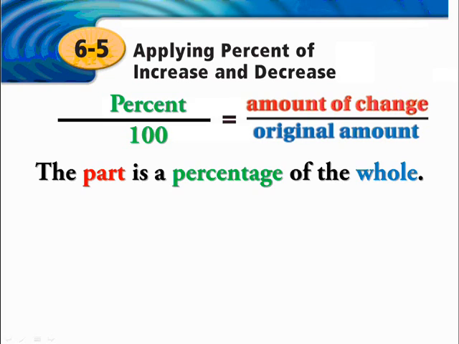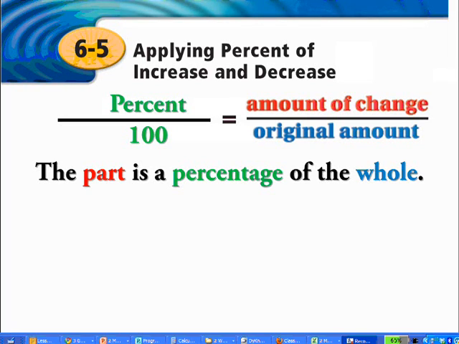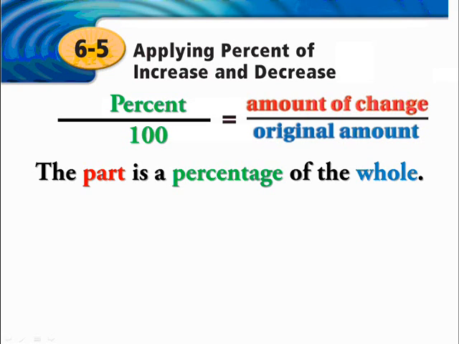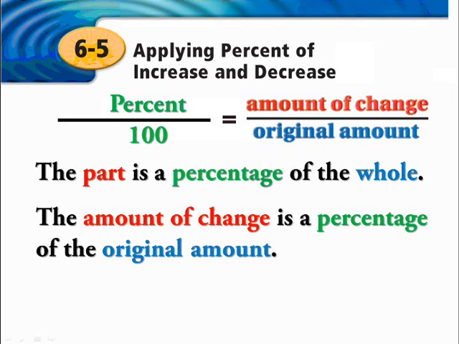Remember the basic sentence by which all percentage problems can be solved. It says the part is a percentage of the whole. In any percent of change problem, the part is the amount of change, percentage remains the same in that sentence, and the whole is the original or starting amount.